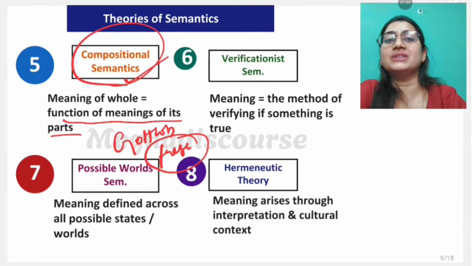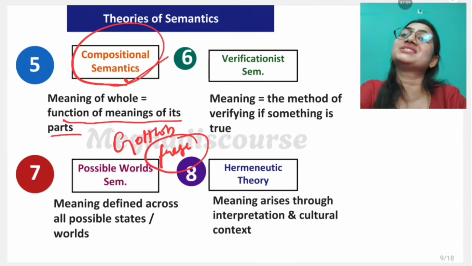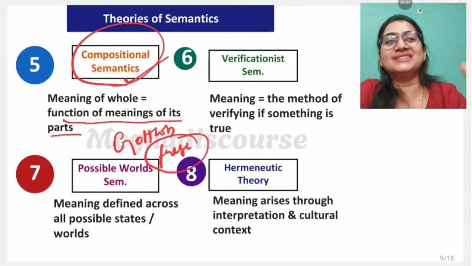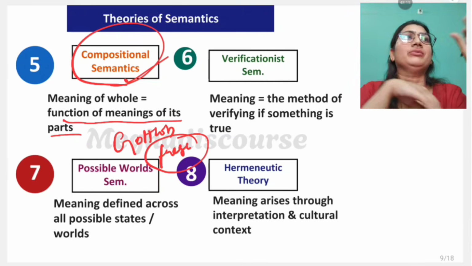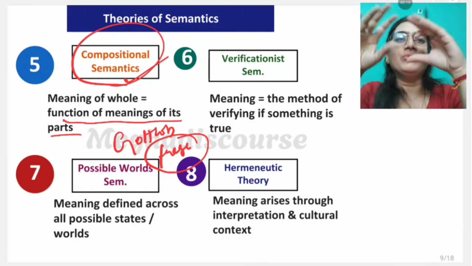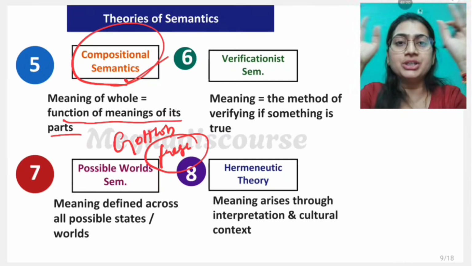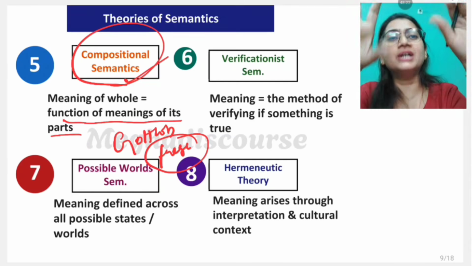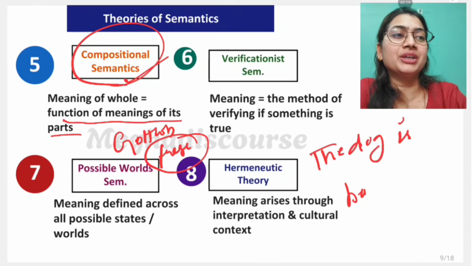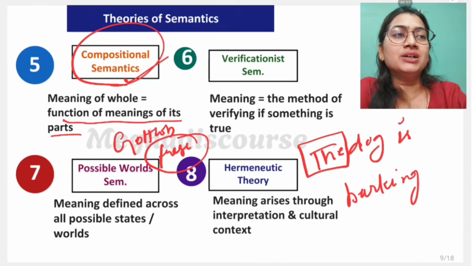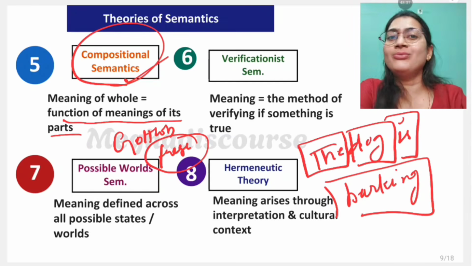Okay, he is the biggest semanticist so far as semantics theory is concerned. So Gottlob Frege has given compositional semantics, where the whole meaning is built from parts. Okay, you put bricks together, then it will turn into a wall, then it will turn into a house. Same here, if I'm saying the dog is barking, I have 4 words.